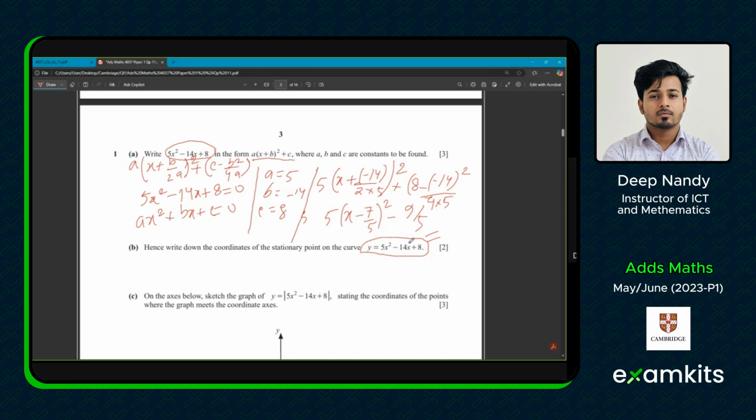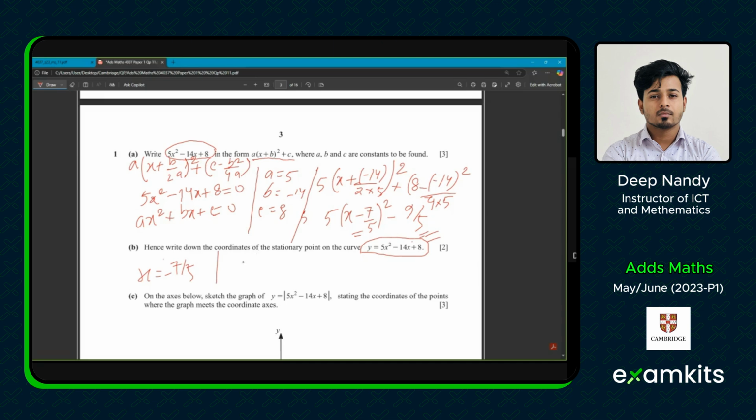For the stationary point, from the completing square form, x equals minus 7 by 5, and the magnitude of y is minus 9 by 5. Let's also confirm by differentiating and finding the stationary points.